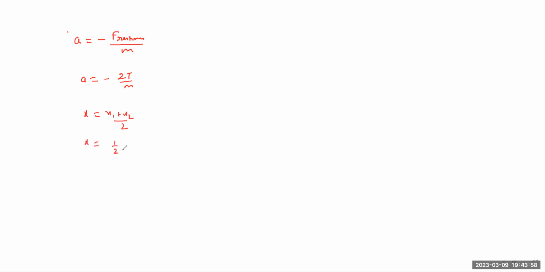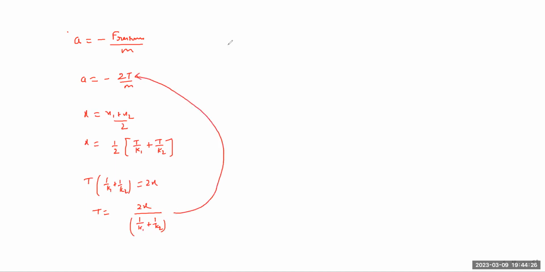So what is X1? T by K1. I hope this is what we discussed, right? Yes. So T, if I take common, it is 1 by K1 plus 1 by K2, which is 2X. What is T by K? T is 2X upon that. And this is what we substitute here. So what do you get?